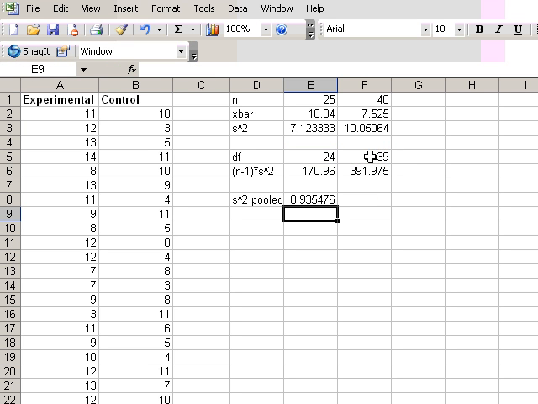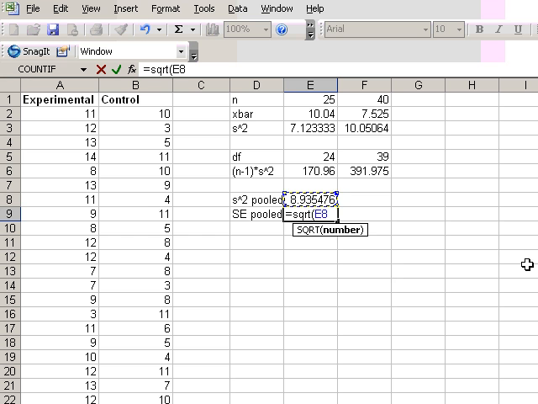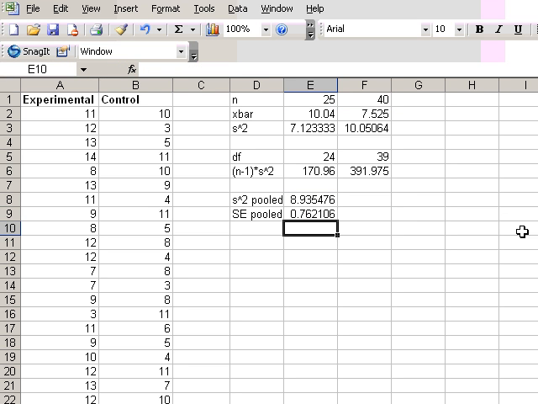And it turns out to be 8.93. Now the standard error pooled is equal to the square root of the variance pooled times 1 divided by N1 plus 1 divided by N for the control group, and I need one more parentheses, and the result is 0.76216.